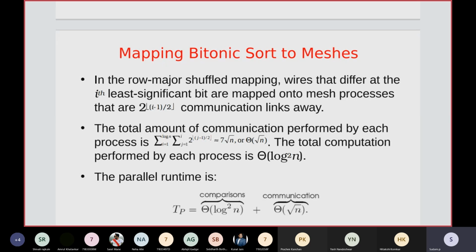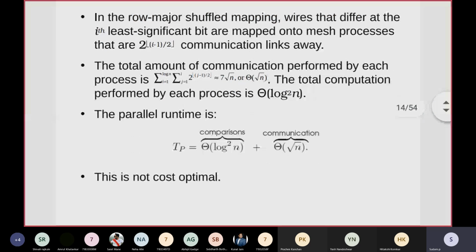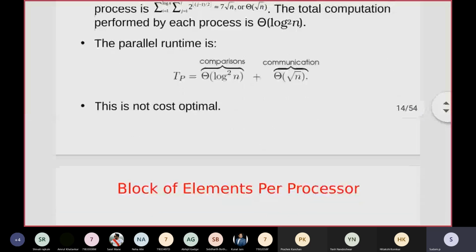And the total computation performed by each process is theta of log square n in this case. So the parallel runtime of this Bitonic sort will be Tp equal to theta of log square n comparisons plus communication cost theta of root n. Okay, so in this way it represents the parallel runtime. And again, this is not a cost optimal algorithm.